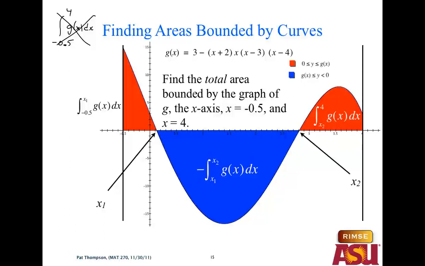Is this what you did? Yeah. In order to get that area, we're going to need to take the opposite of the integral, because we know that the integral from x1 to x2 will be a negative amount of accumulation. So to get that area, we take the opposite of it, and then put them all together.